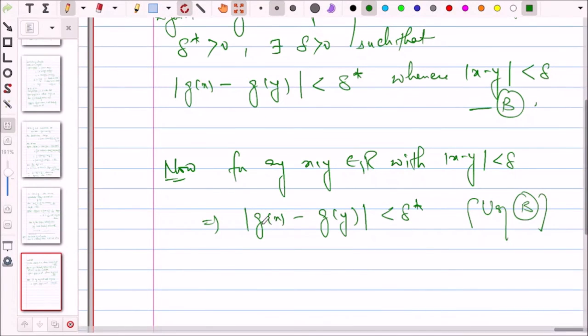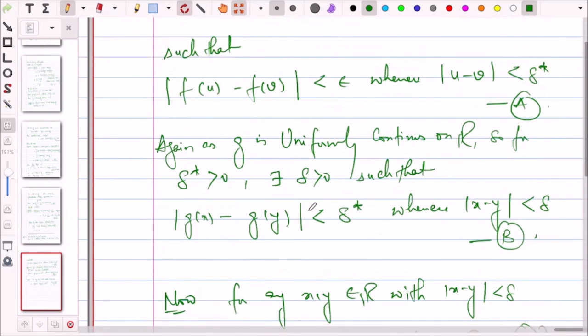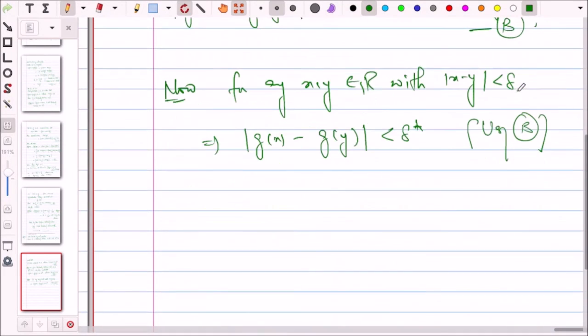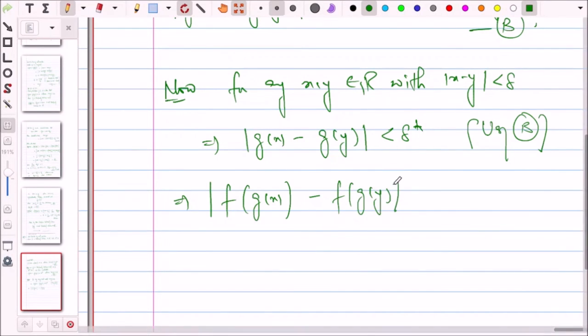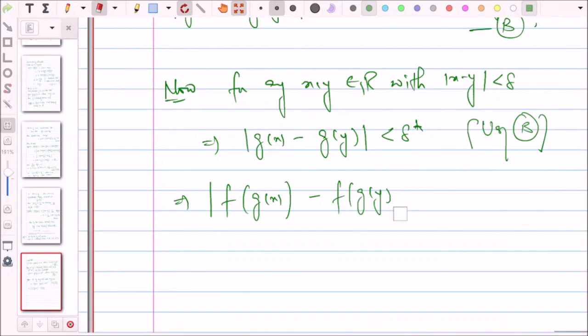Now because g(x) and g(y) satisfy the condition of A, if we take u equal to g(x) and v equal to g(y), then this condition is satisfied. So from A it follows that f of g(x), taking g(x) instead of u and g(y) instead of v, because g(x) and g(y) satisfy the condition of A, is less than epsilon.